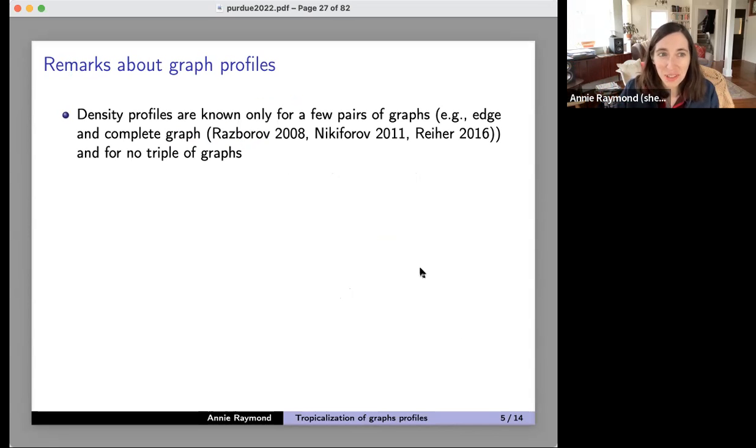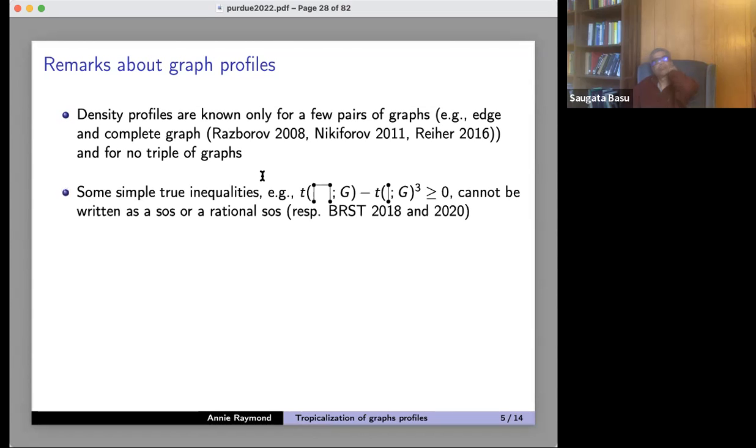Edge and triangle was done by Razborov, then edge and complete graph on 4 vertices was done by Nikiforov, and then Reiher generalized that for any complete graph. I think we know it for one other pair of graphs, like path of length 2 and a triangle. It's not known for any triple of graphs. So, okay, nice picture, but we know very little.